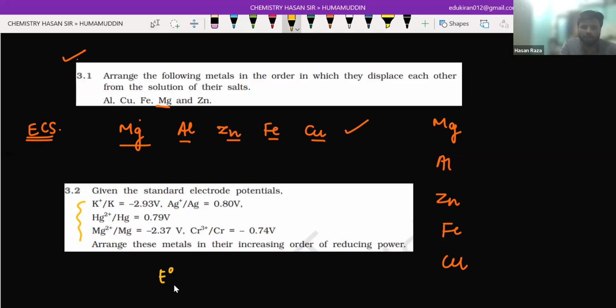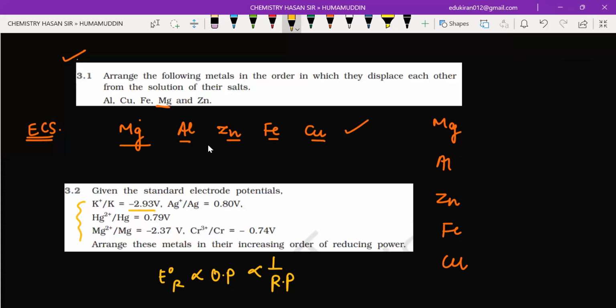As I told you, E naught R is directly proportional to reducing power, right? No. Just wait a minute. E naught R is directly proportional to oxidizing power and inversely proportional to the reducing power. So the one which has the lowest value of E naught R will be the highest reducing agent.